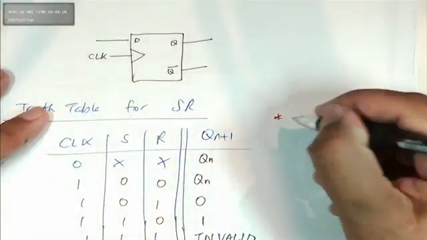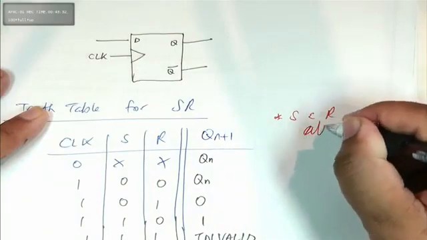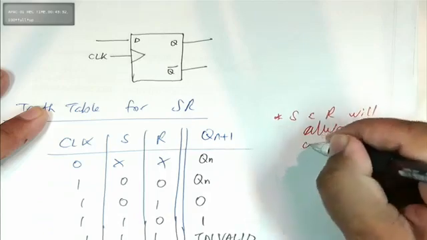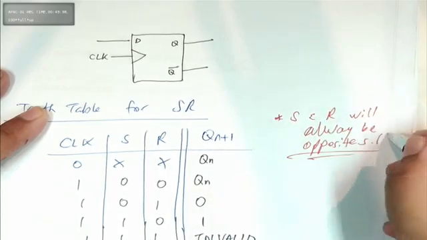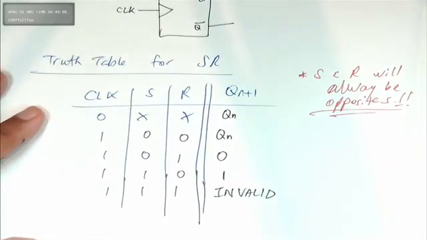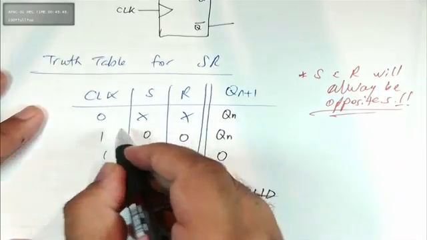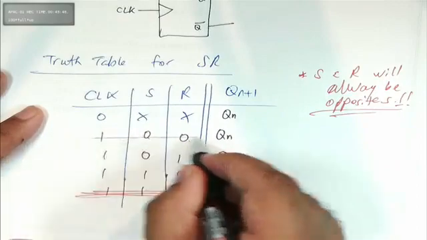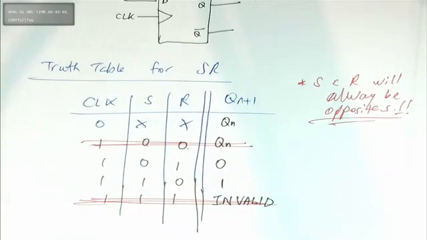So S and R will always be opposites. Right? So what happens? This line here cancels out, bang, and this line here, where S and R are the same, never occurs. Just never occurs.